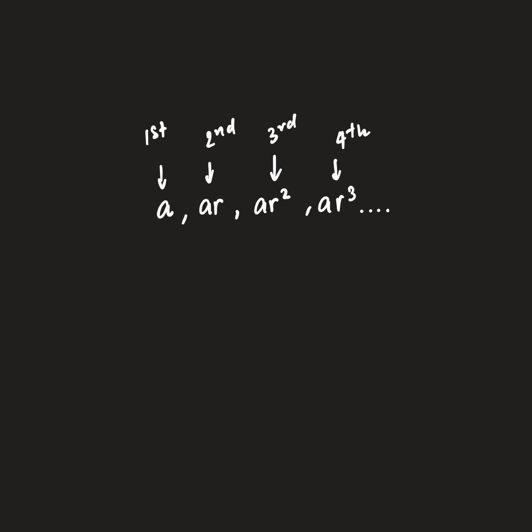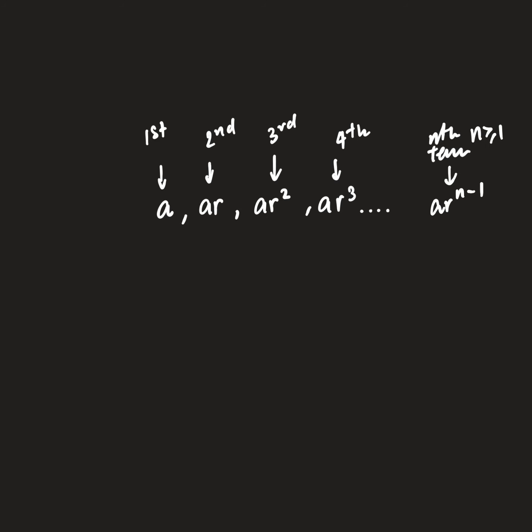So can we derive a generic formula by observing the pattern for the nth term of the sequence? Very good. If I'm talking about the nth term, where n is greater than or equal to 1, then we have AR to the power of n minus 1.